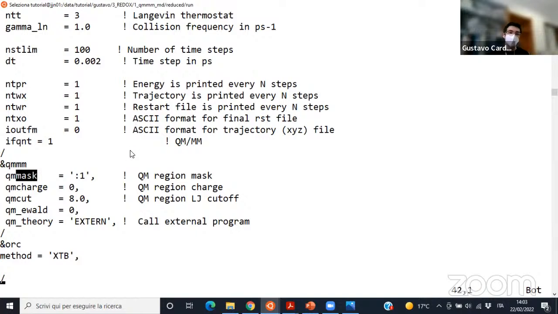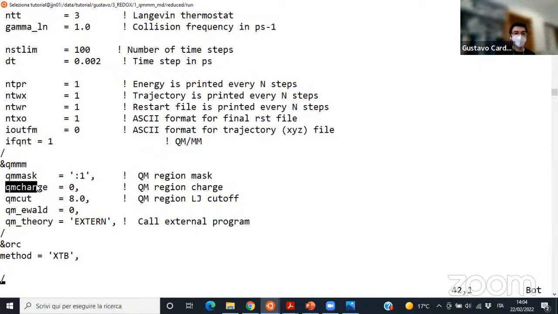So in our case, we're using the Amber syntax, colon 1. So this means we're gonna take a residue, and we're gonna take just the first residue. This is very important. You have to know which part is gonna be your quantum mechanical part of the system. So Amber is not gonna decide for you. Well, honestly, I don't know whether there is a default, but I wouldn't put a default because you should know what part you want as quantum mechanical.